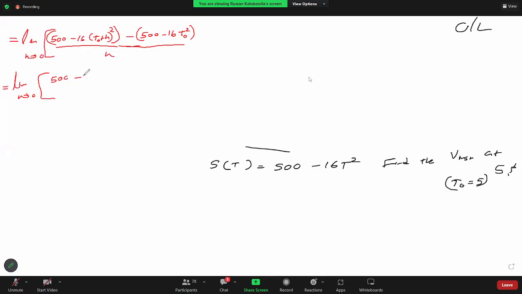Five hundred. When you expand this, the t naught squared multiplied by 16 t squared, then the middle part is 2 t naught h.